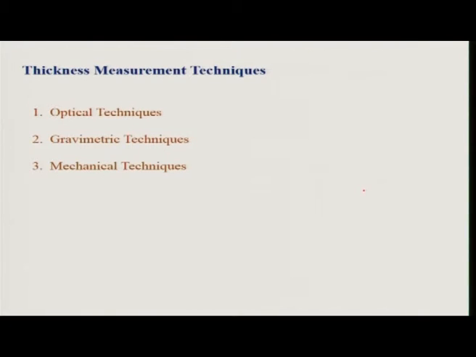Now for thickness measurements, there are various ways to measure the thickness. There are optical techniques, there are gravimetric techniques, and there are mechanical techniques. In optical techniques we can have interferometry, and the second one is called ellipsometry.